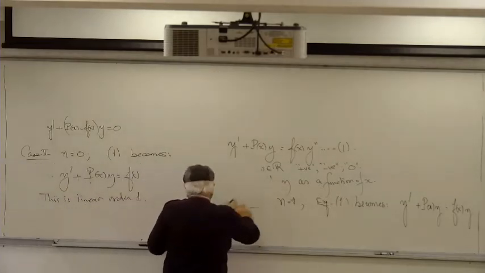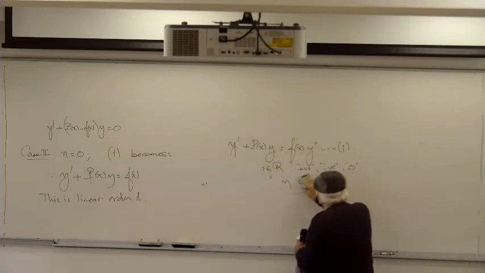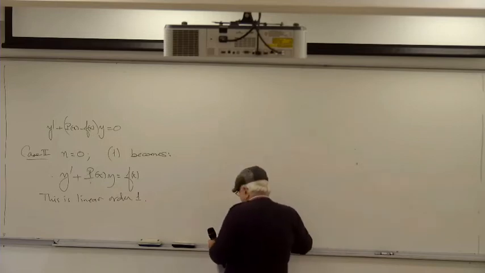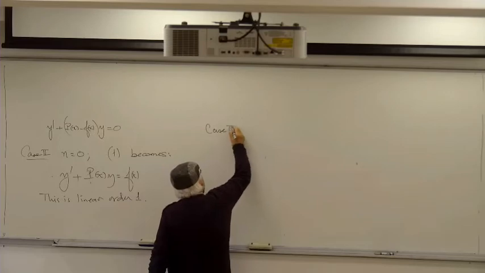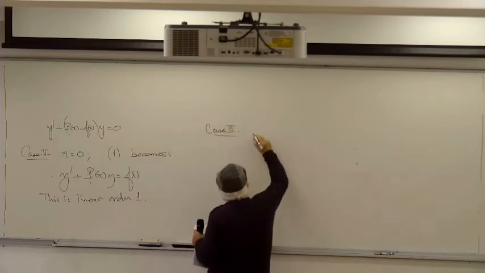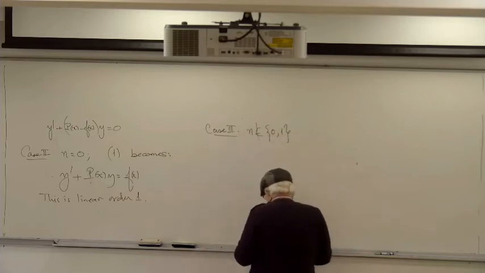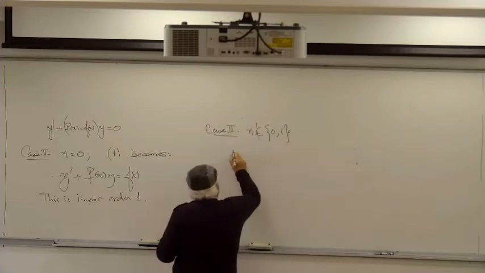The most important case is case 3, where we have n not belonging to the set {0, 1}. It's not 0, it's not 1. At this point, let us start with an example.